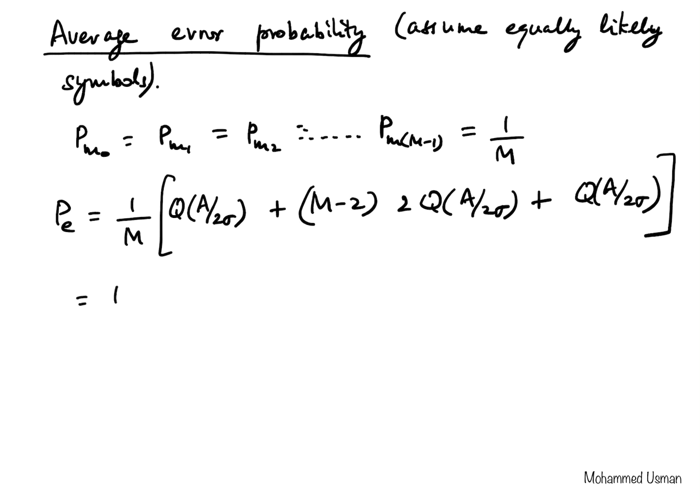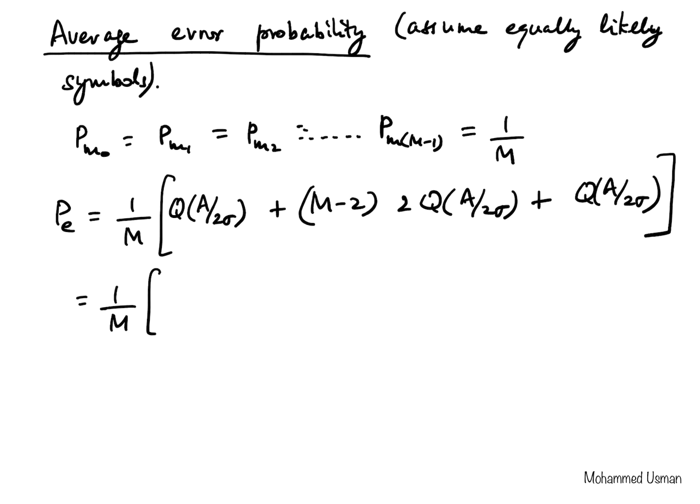So we'll keep the 1 by m as it is. We can take the Q of a by 2 sigma as a common factor, because we have Q of a by 2 sigma in each of the terms. So we'll take that as a common factor outside.